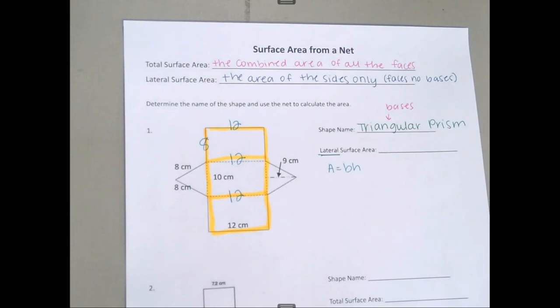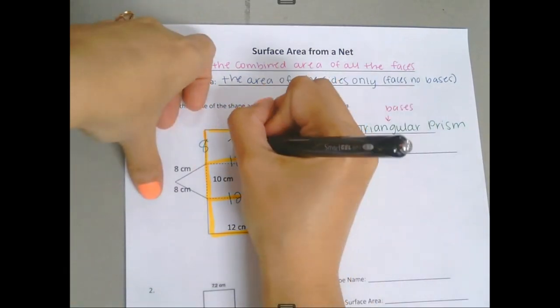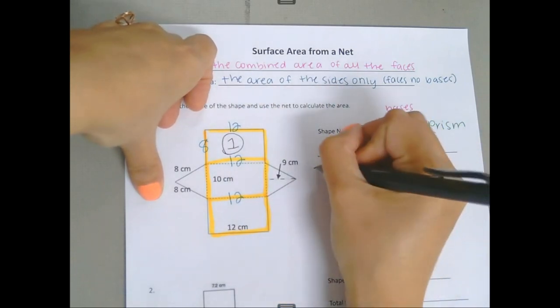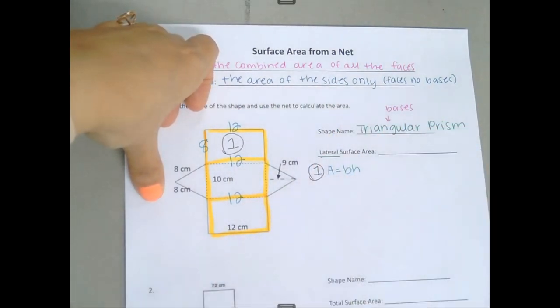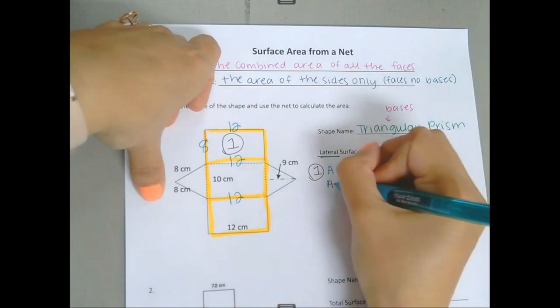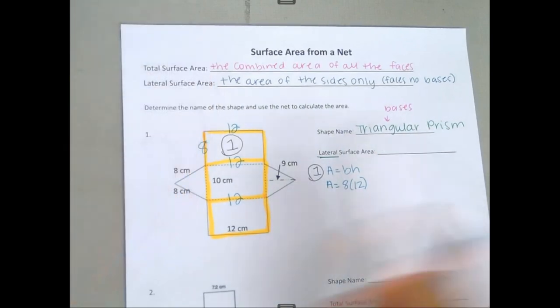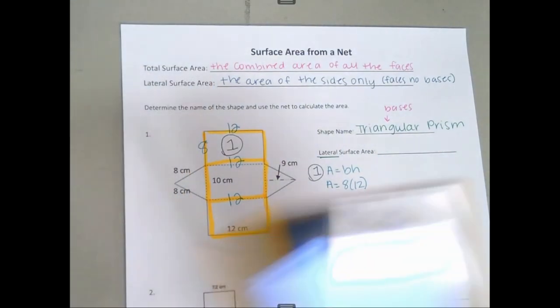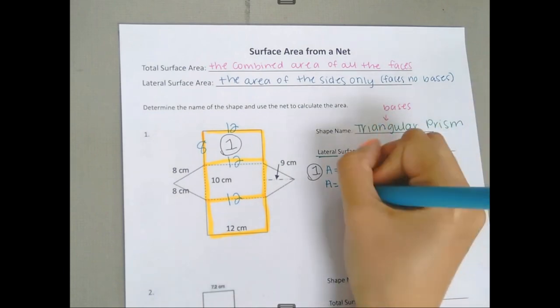So for this top rectangle, I'm going to label it rectangle 1. If I'm doing area equals base times height, then I'm going to do A equals 8 times 12. So when I type that into my calculator, 8 times 12, that gives me 96.